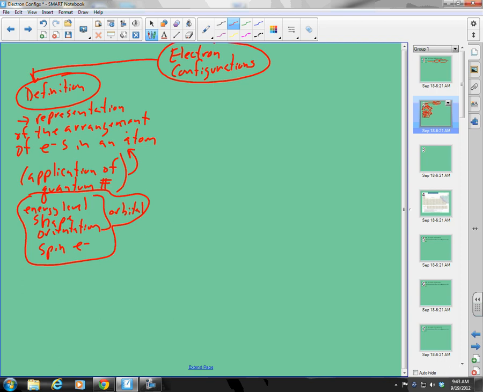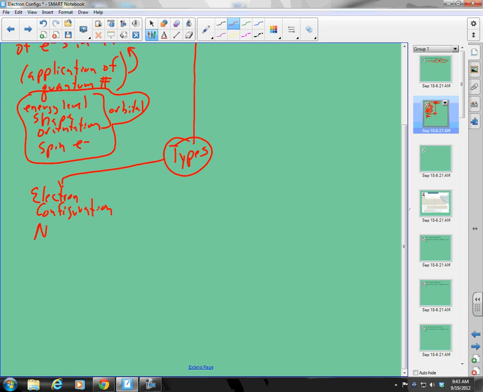And there are three ways we represent electron configuration. So let's write down types here. One type will be what I call electron configuration notation. That's the first one we want to talk about.